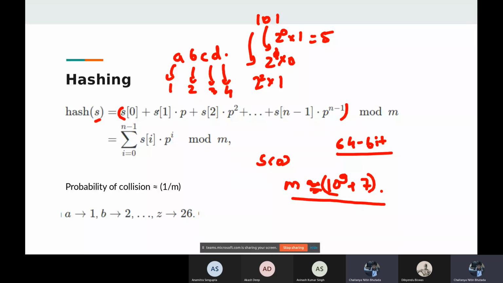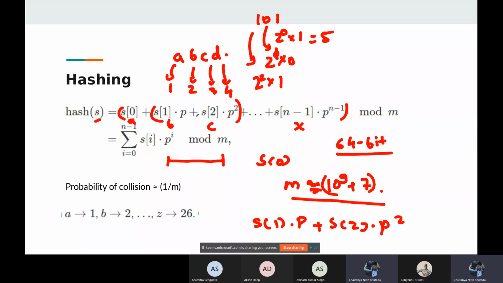Suppose this is a b c, and suppose this is x. Now we just want the hash of b and c. That part in this hash will be s1 into p plus s2 into p square. But in reality, the hash of bc should be s of 1 plus s of 2 into p.